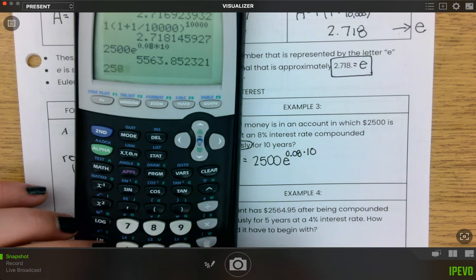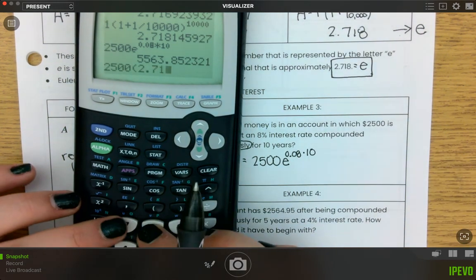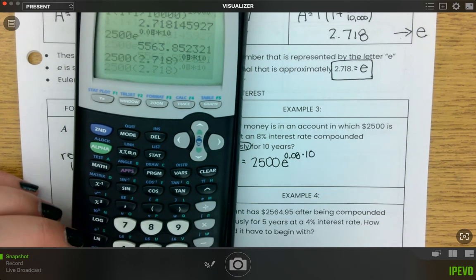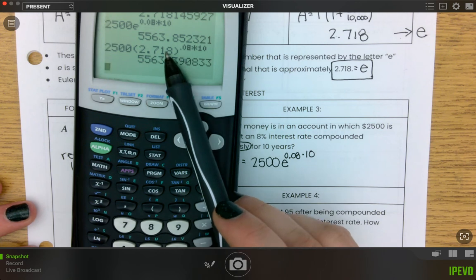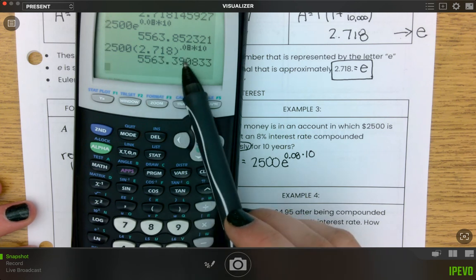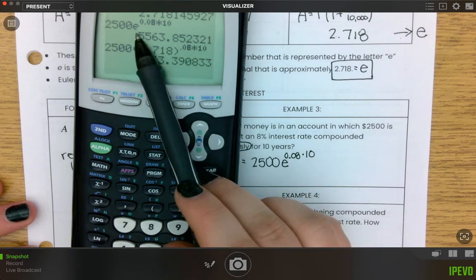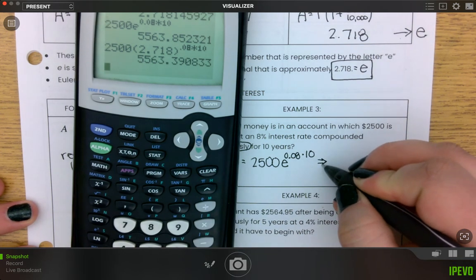If you use 2.718 instead, see how it just changes the number of cents? So this isn't as exact of a number. We've kind of rounded. That's why this number is lower than this number. So if you want your full interest, use e instead of 2.718, the same way we would hope that our bank would.